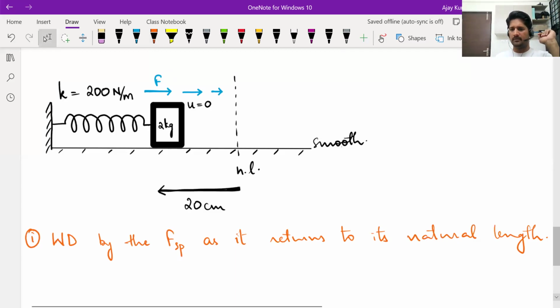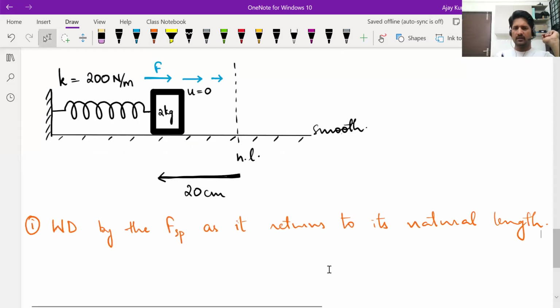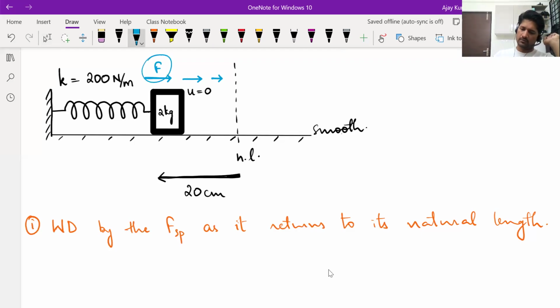One of you tell me, as the spring returns to its natural length, the force that it exerts is constant or variable? Variable, sir. The force which the spring exerts on the block is a variable force. Correct. And you are asked to calculate work done by that force.